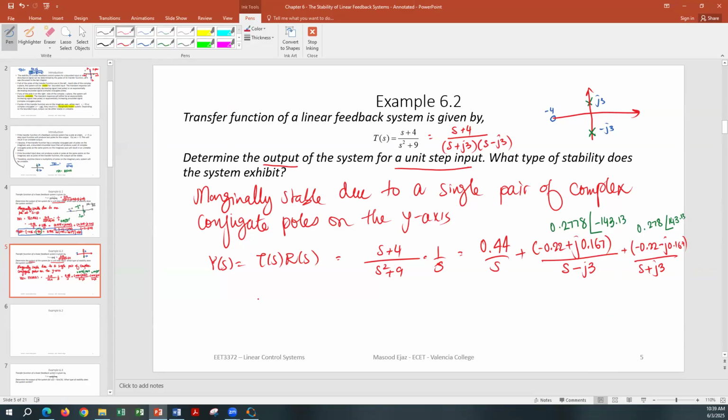So once we do y(t), it's going to be 0.44 u(t) plus 0.2778 times 2, so 0.54. I'm just going to write down 0.55, e to the power negative 0t, which is basically 1, so we don't have to write that.